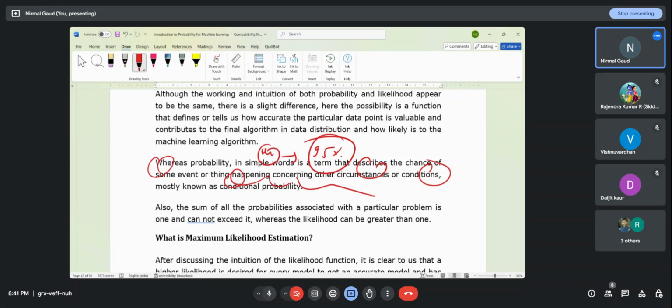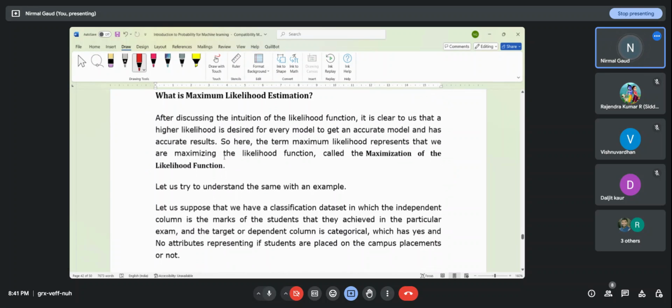But we do have a hypothesis related to it. We can make a likelihood function also for it. That is the difference between likelihood and probability. Okay. Now, maximum likelihood estimation, I just discussed about it.